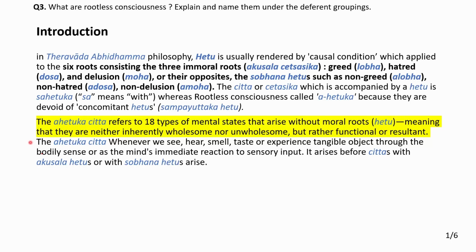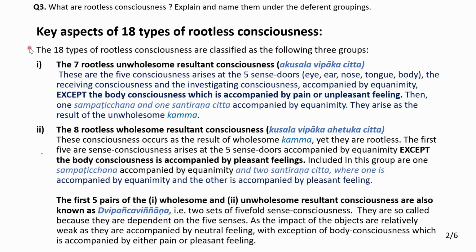The ahetuka citta arises whenever we see, hear, smell, taste, or experience tangible objects through the bodily senses, or as the mind's immediate reaction to sensory input, before citta with akusala hetus or sobhana hetus arises. So that is the key aspect of the 18 types of rootless consciousness.